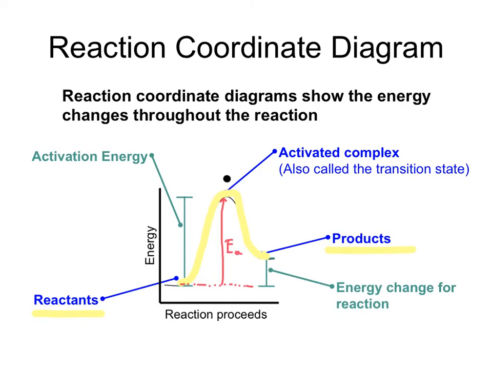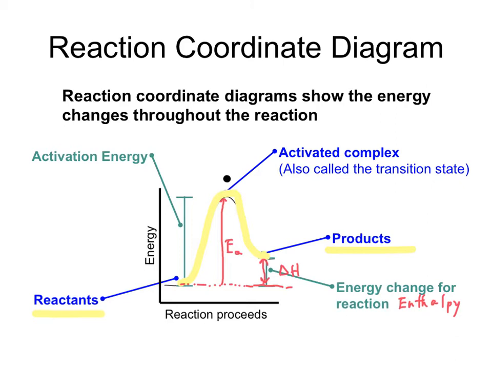One other thing that you need to be able to calculate is the change in the energy of the reaction, also known as enthalpy. And we will talk more about this when we get into thermo, but it is basically the difference in energy between the reactants and the products in the curve, and it's called delta H. The delta stands for change, H is enthalpy, which means energy, the change in energy of a reaction.